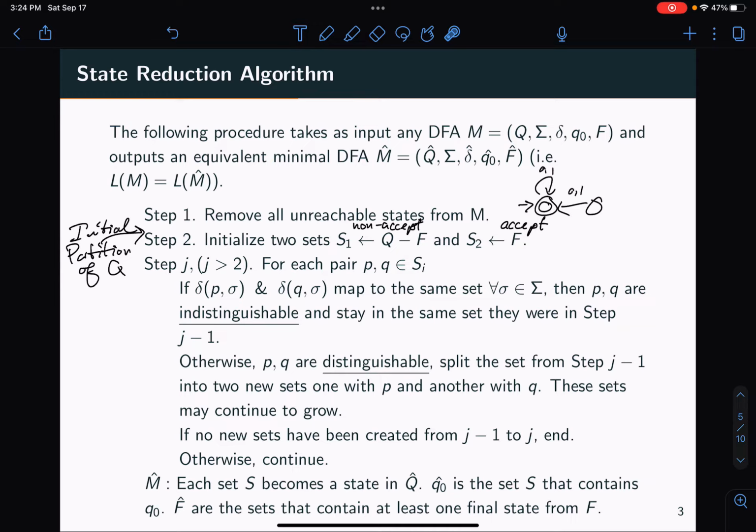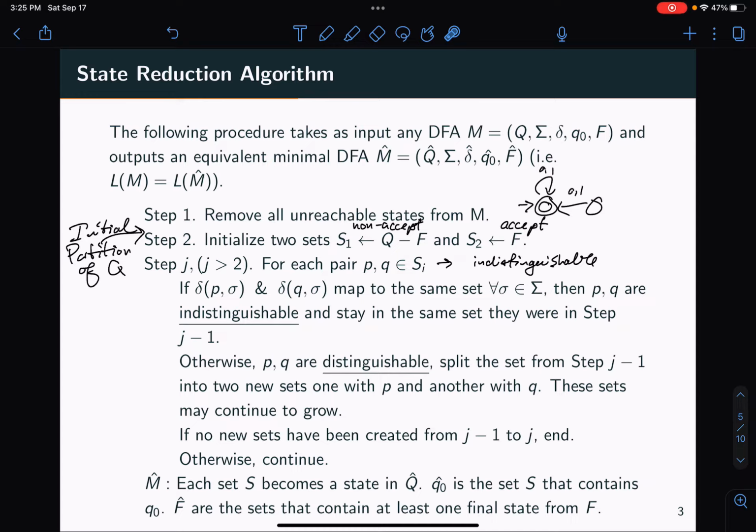So now in step j, what you want to do is check whether two states are indistinguishable. Two states are indistinguishable if every symbol that you give these two states maps to the same partition.